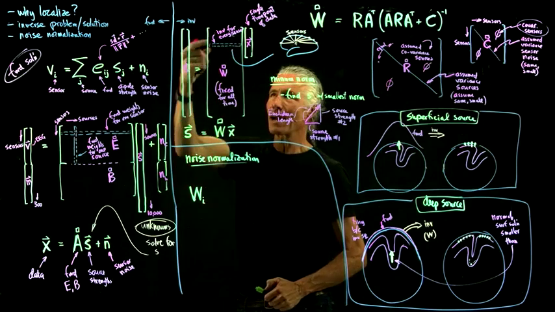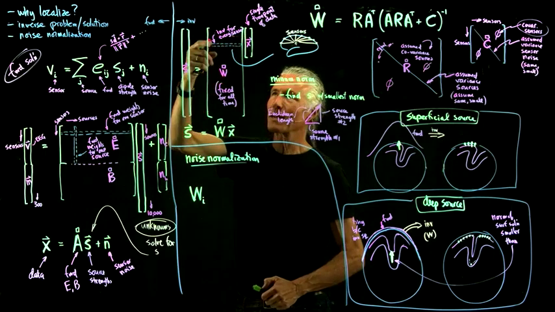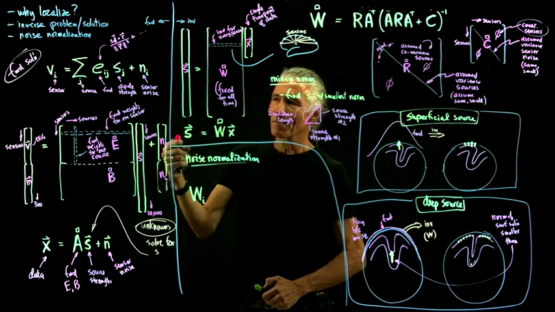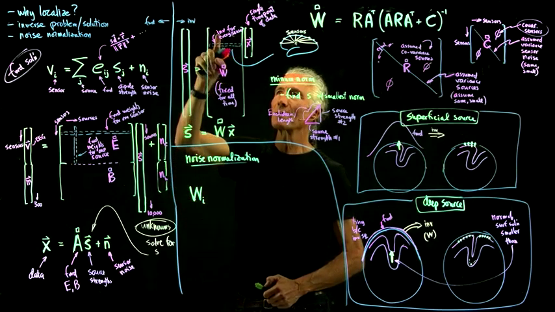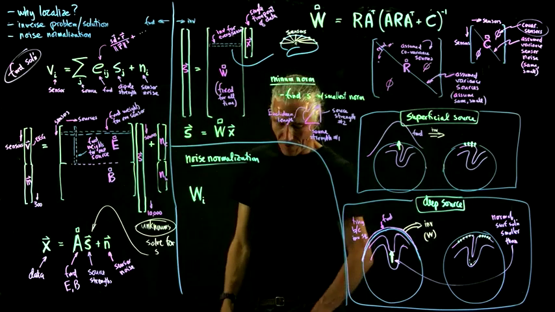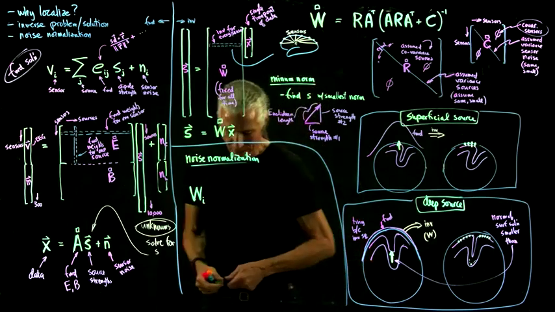If i are the rows and j are the columns, what does that symbol mean? It means just get the vector of inverse solution numbers, the inverse for every sensor, and then do something to them.